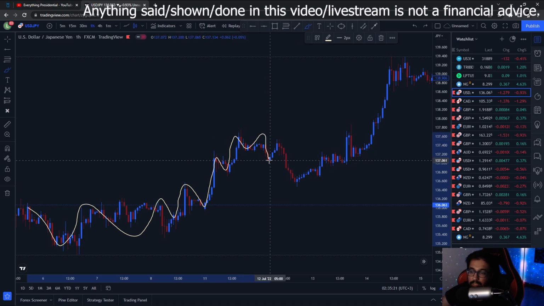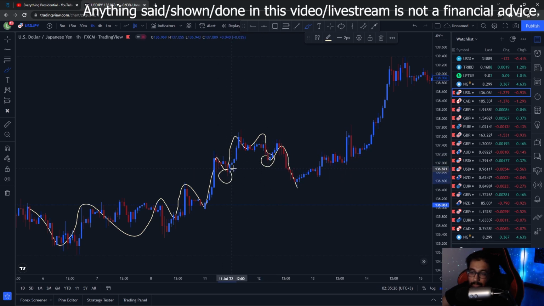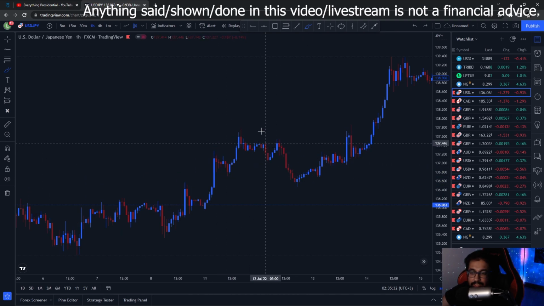What happens over here? The market breaks the previous lows. After the market breaks the previous low, does this not indicate that there is a shift in the market structure? There is a shift in the trend, and now there's a possibility that the market is going to continue lower, right? That's what it's indicating.